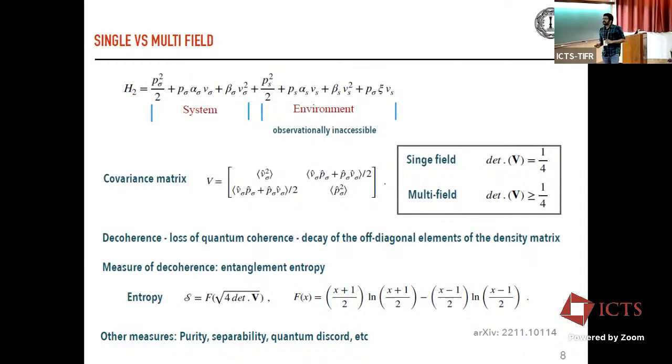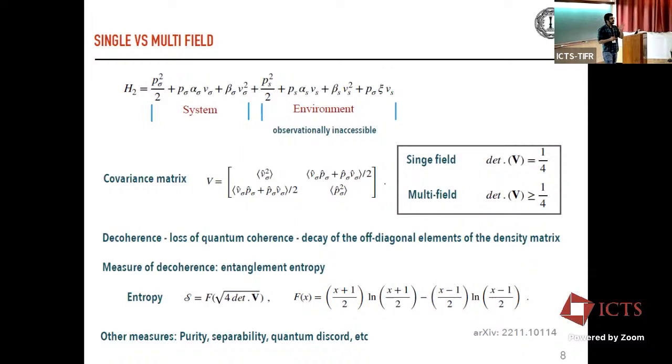As I said, the sigma here denotes the curvature perturbation, and you can construct a covariance matrix associated with these sigma correlation functions. Interestingly, in single field models, the determinant of this covariance matrix is simply 1/4. In multi-field models, there are n degrees of freedom interacting with each other, and then this determinant V is always greater than 1/4.